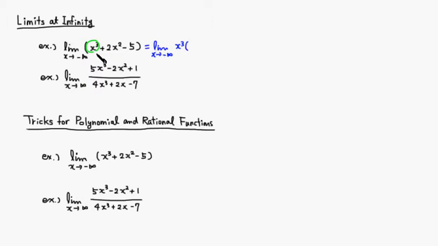If you factor out x cubed from x cubed, you get 1. If you factor x cubed out of 2x squared, factoring out is basically a division, so I'll write it as 2x squared over x cubed.